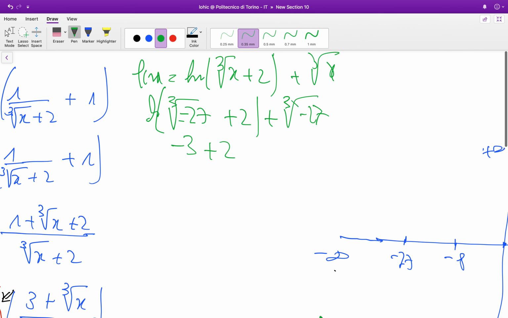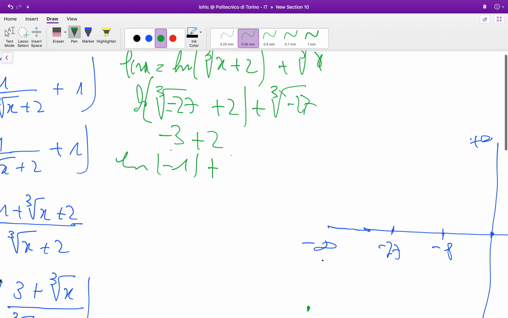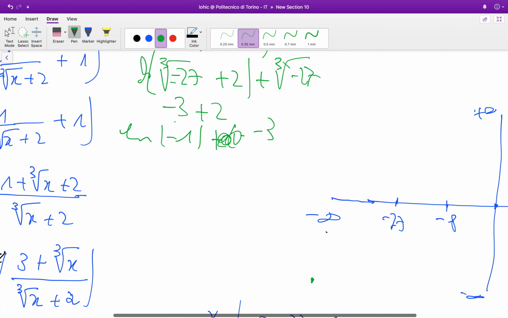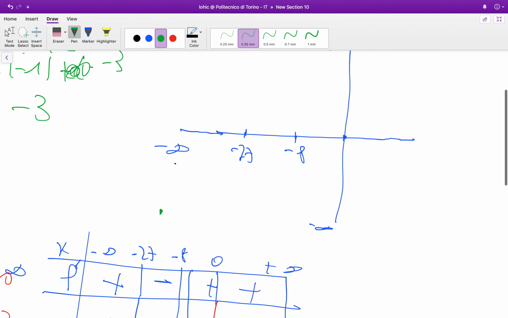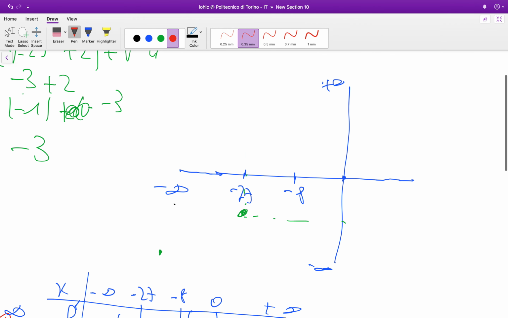Minus 3 plus 2 is minus 1. With the absolute value, it gives me the logarithm of 1, which is 0, plus the cubic root of minus 27, which is minus 3. So the image of this point here is minus 3. Then I put the asymptotes, these asymptotes here.